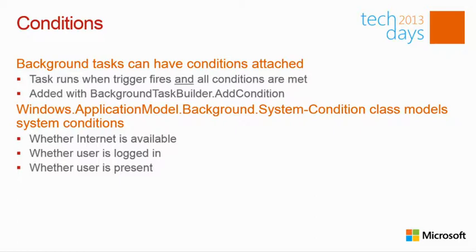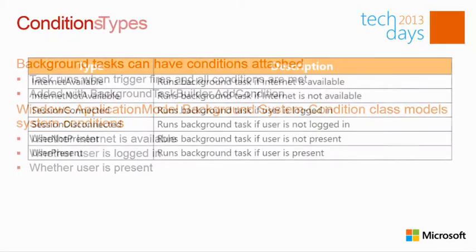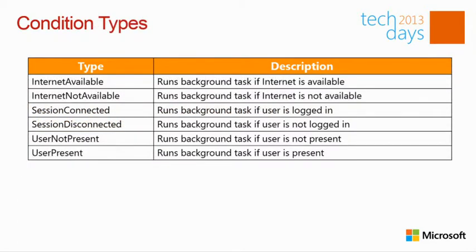What you can do then is add a condition to that background task that tells the system to wake you up and to run you when the trigger fires, but if and only if the condition that you've specified, an internet available condition, is true. Now, there are several different conditions that are supported in WinRT. I've listed them here. You can see internet available, which is probably the one that is used the most often.